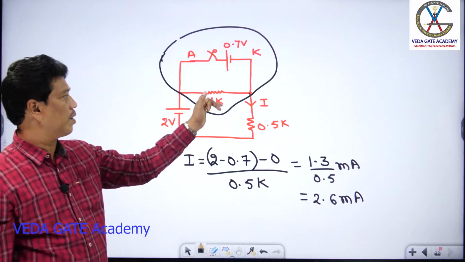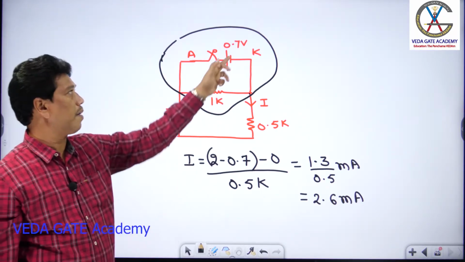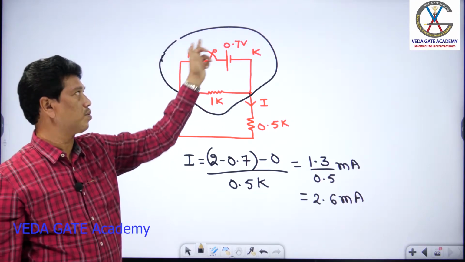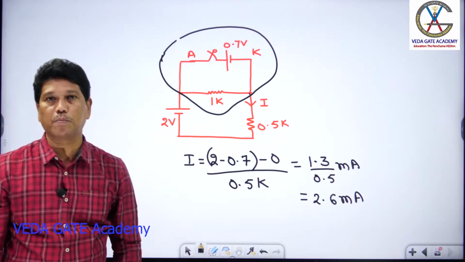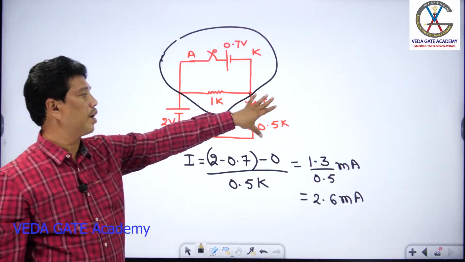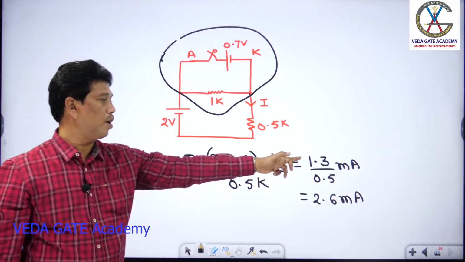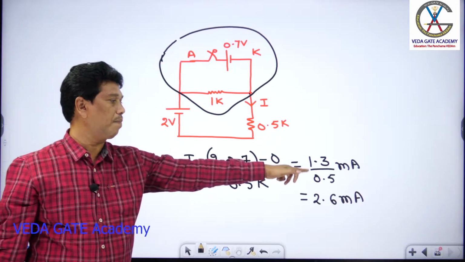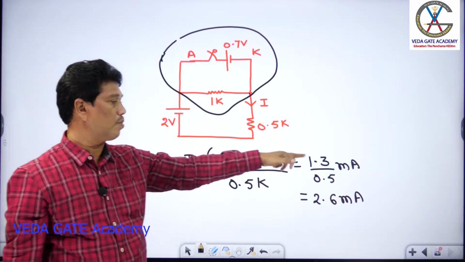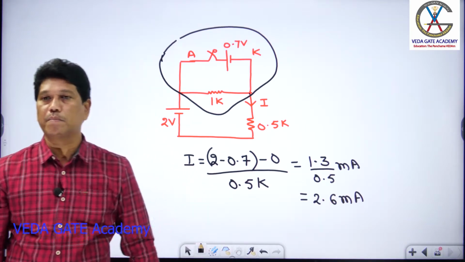Because 1K is parallel to it, the maximum voltage drop across 1K is just 0.7 volt using the parallel circuit principle. Then the voltage across 0.5 K is 2 minus 0.7, that becomes 1.3 volt, and the current is I equals 1.3 by 0.5 kilo, which gives 2.6 milliampere.